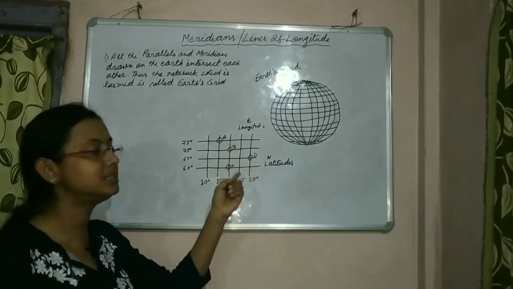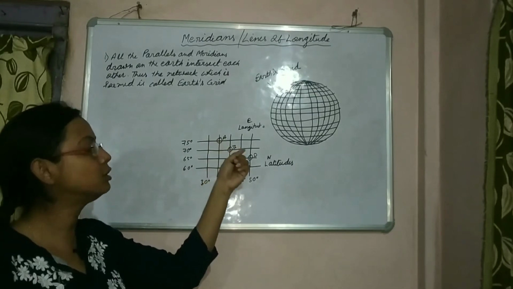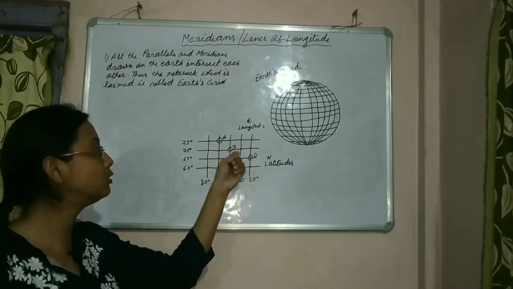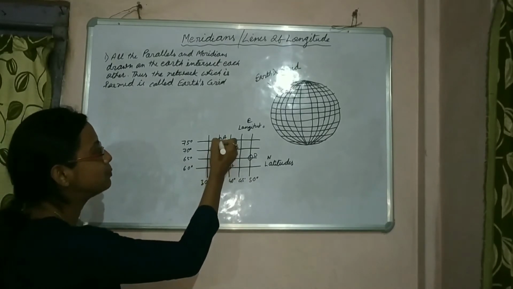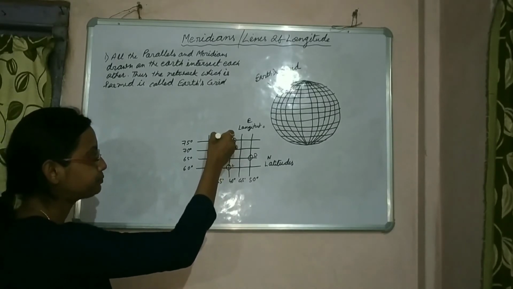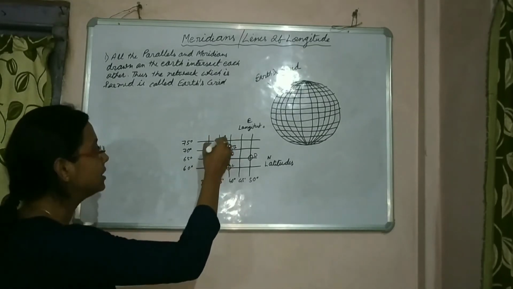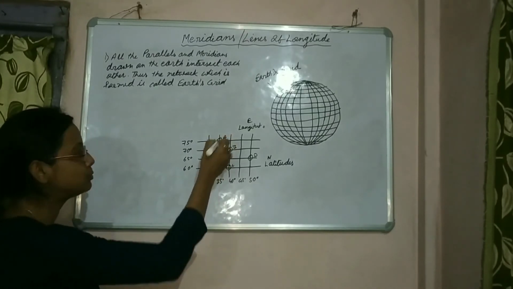A, B, C, D are the names of four places. So what will be the location of these places? Here we can see place A, the point where the meridian and parallel have intersected each other. What will be the location of this point?